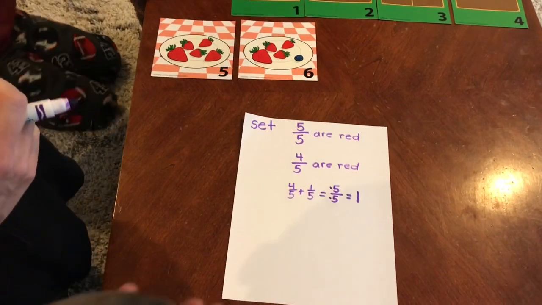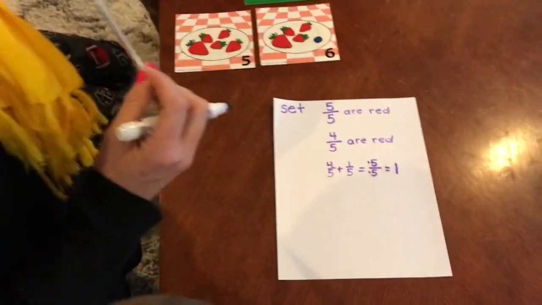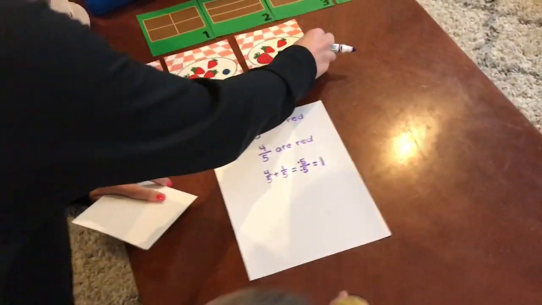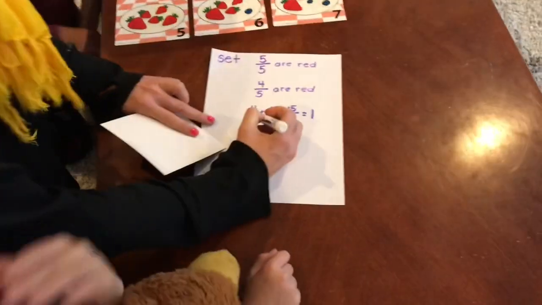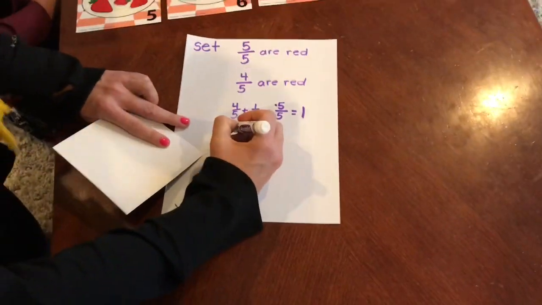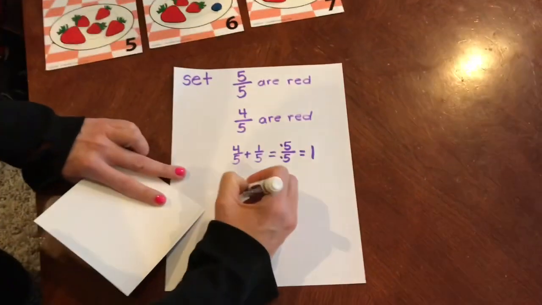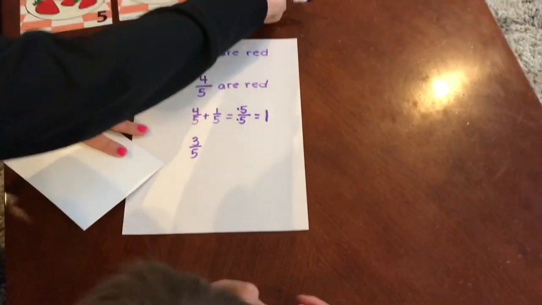What do you think is going to be on this next piece? 2 blueberries and 3 strawberries. Do you think something different? Let's see if you're right. You were correct. Oliver, can you tell me the fraction that are red? 3/5. Notice that my denominator is not 2 blueberries.